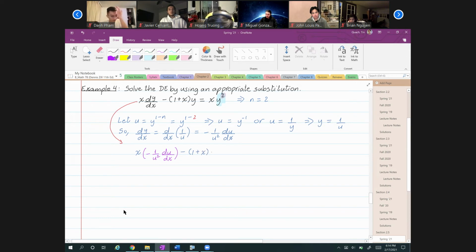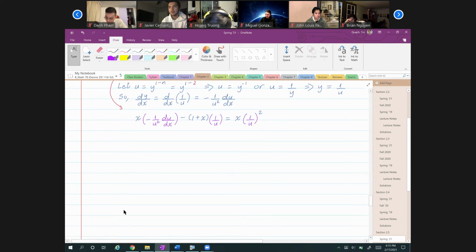And then y is equal to 1 over u, so y is equal to 1 over u equals x times y squared, which is x times 1 over u squared. So after the substitution, that's what you have. Now let's see what we have here.